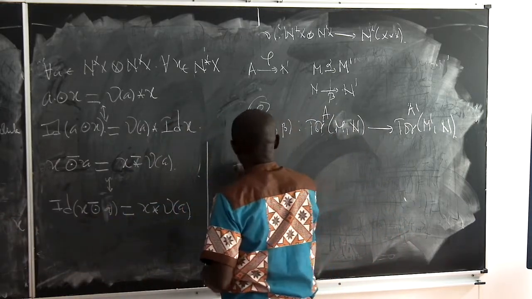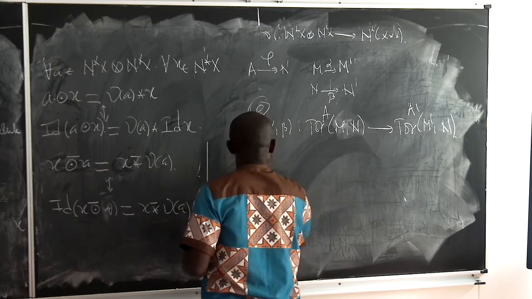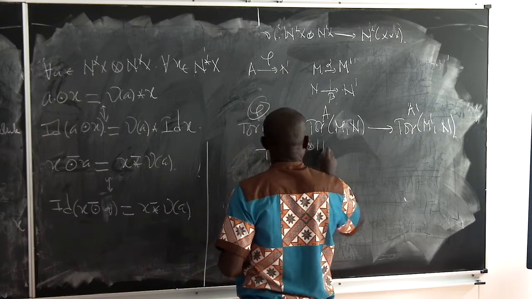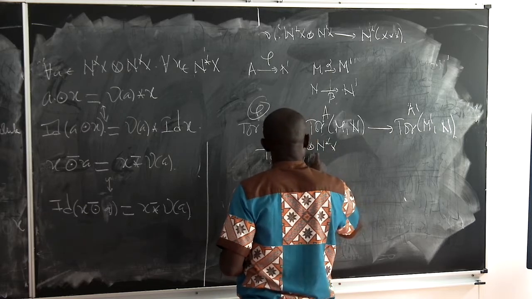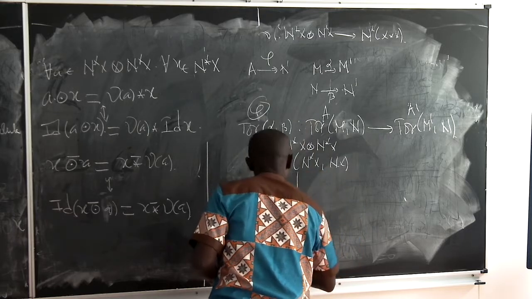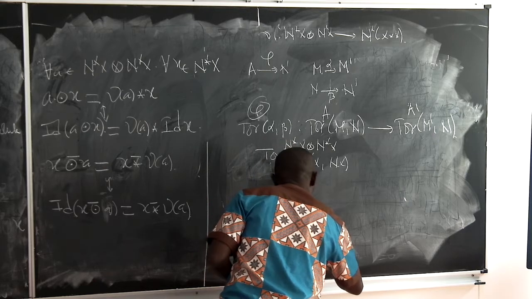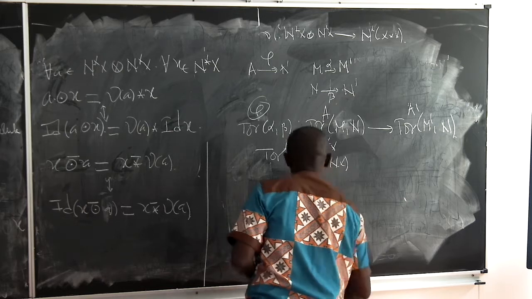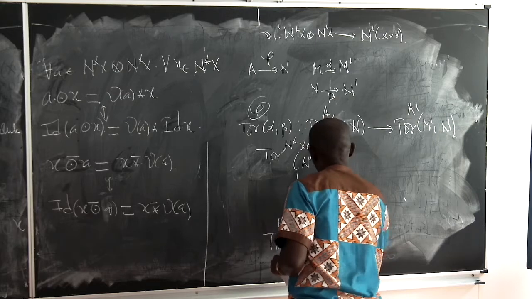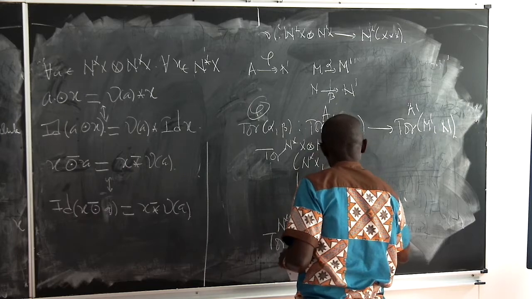So we have here tau of nu of the identity, and here we have the map nu, and here we have the identity and the identity here.